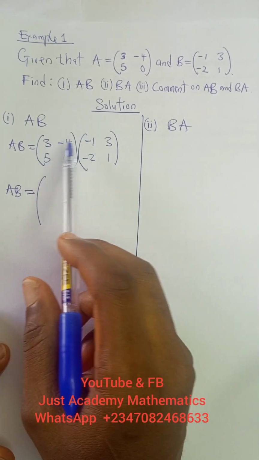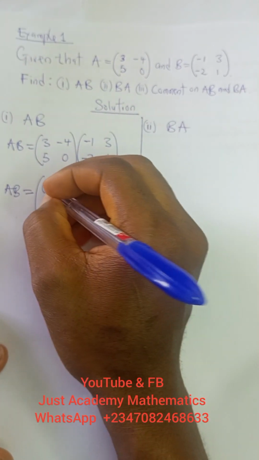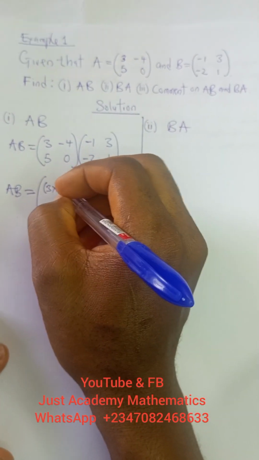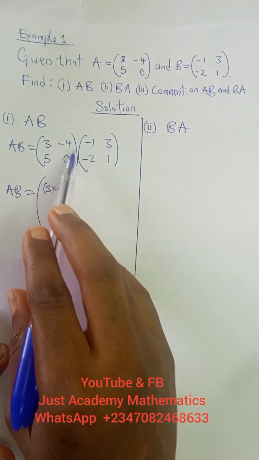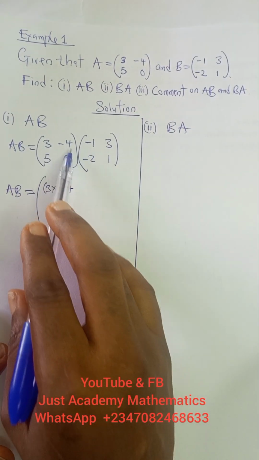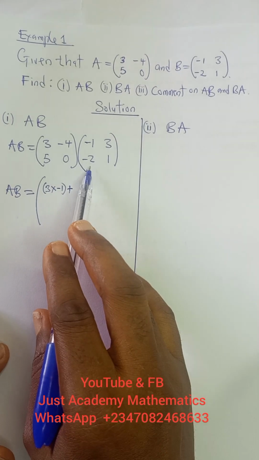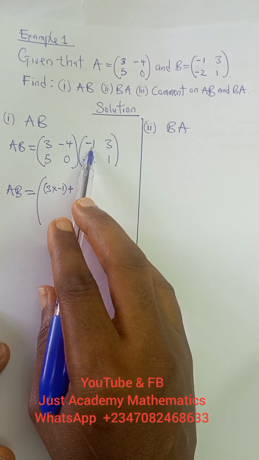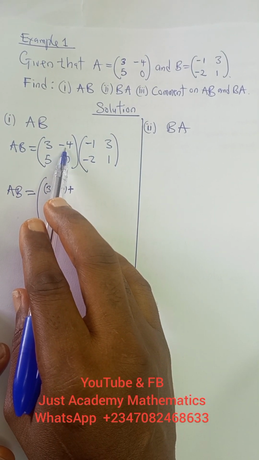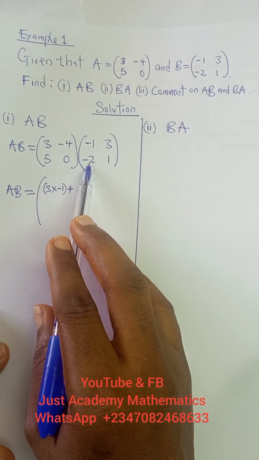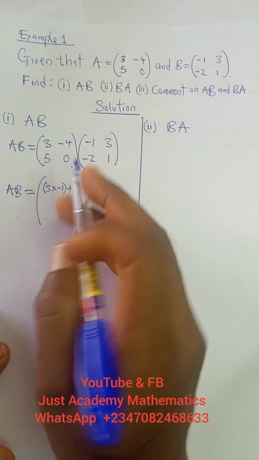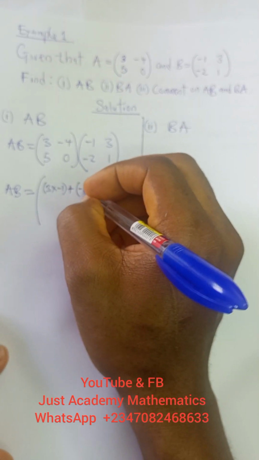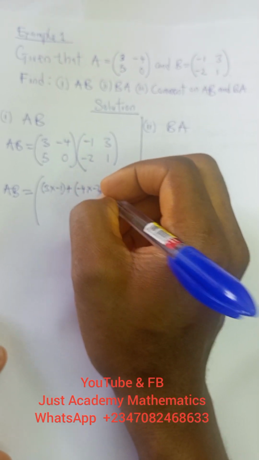So, 3 times minus 1, that is the first operation. 3 times minus 1 plus the next one is minus 4 times minus 2. Row times column. First entry times first entry. Second entry in the first row times second entry in the first column. So the next one will be minus 4 times minus 2.